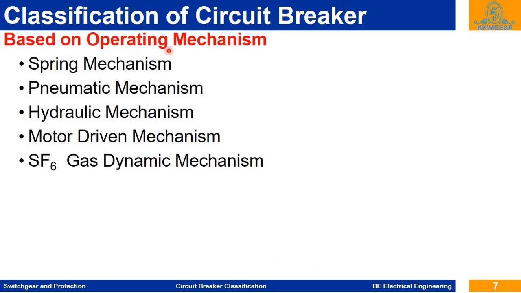Based on the operating mechanism, circuit breakers, they are classified as a spring mechanism, pneumatic mechanism, hydraulic mechanism, motor driven mechanism and SF6 gas dynamic mechanism. Contacts, they are separated. In the circuit breaker, there are two contacts. One is fixed contact and another one is moving contact.